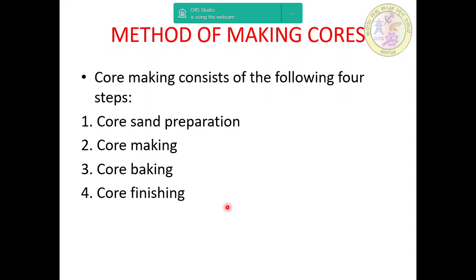Finally, if cores are made in parts, they are assembled by using suitable paste and pressed and dried in air before placing them in the mold cavity. This is about different steps involved for making a core.